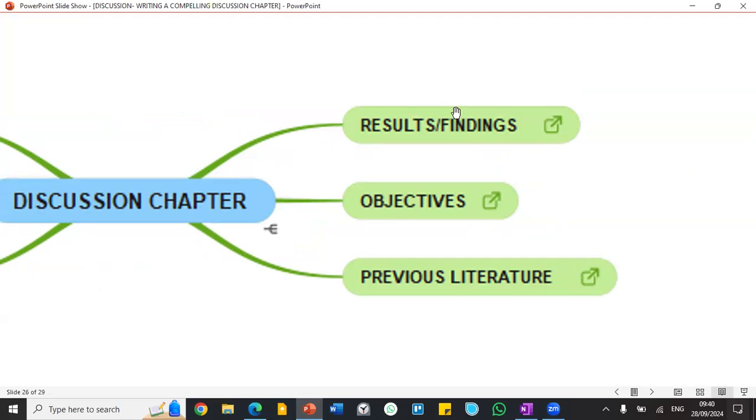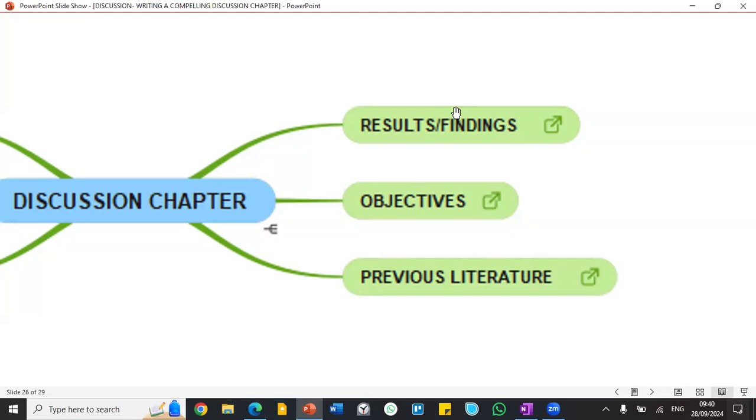So you need to have already validated that the results or the findings you're having are correct. So in statistics, you have done it well, and of course, here maybe you have consulted an expert in statistics who is able to tell you that what you have is correct.